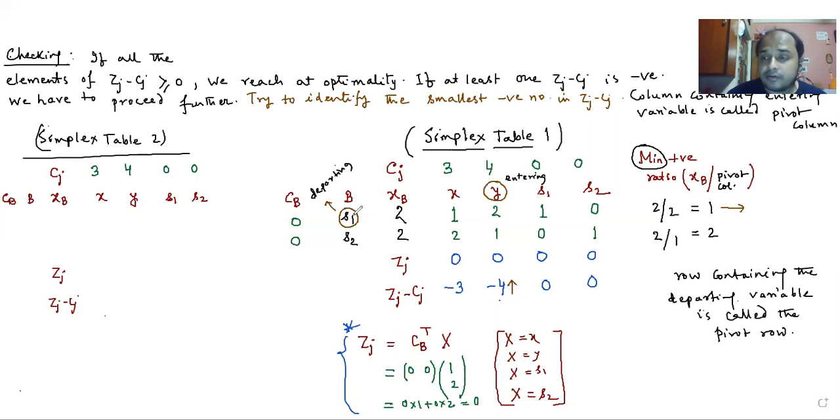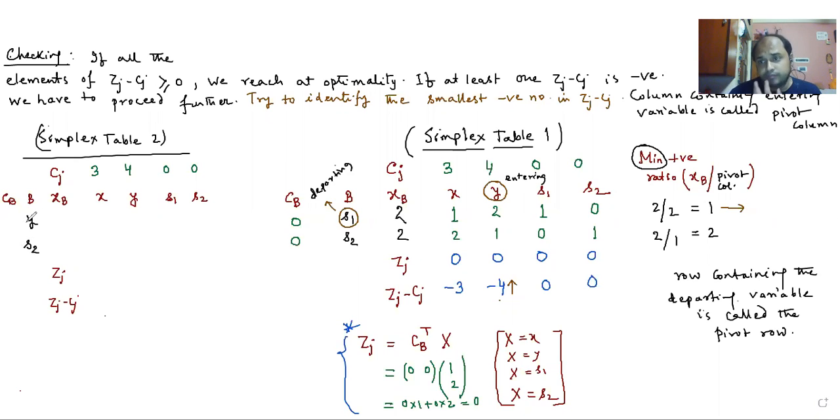S1 is going out from the classroom, so it will leave its position blank, and in that position I am going to bring y, because y is now my new basic variable. S2 is not hampered, so S2 will keep sitting, and he is trembling about when the sir is going to ask him a question.